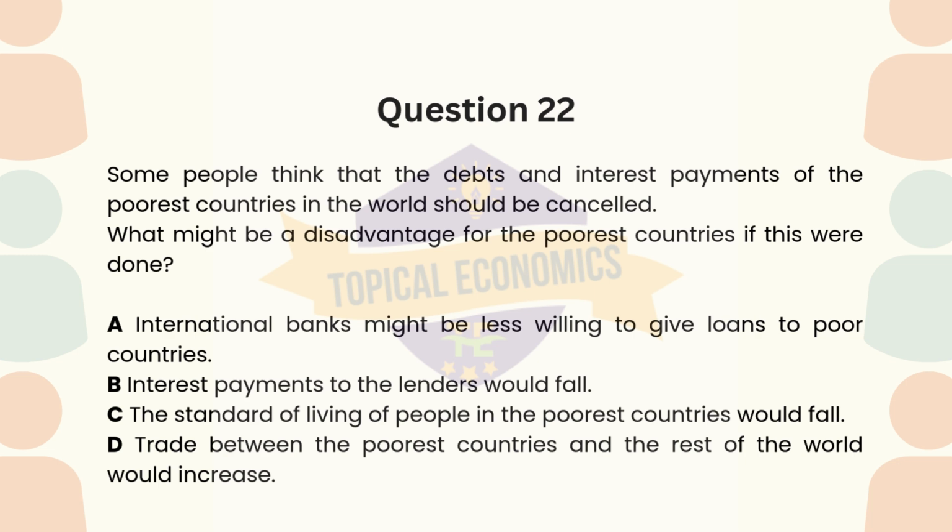So again, this is incorrect. Option D, trade between the poorest countries and the rest of the world would increase. Now this is also unlikely to be directly affected by debt cancellation. In fact, reduced lending could limit opportunities for trade and investment. So the correct answer for this question is option A.